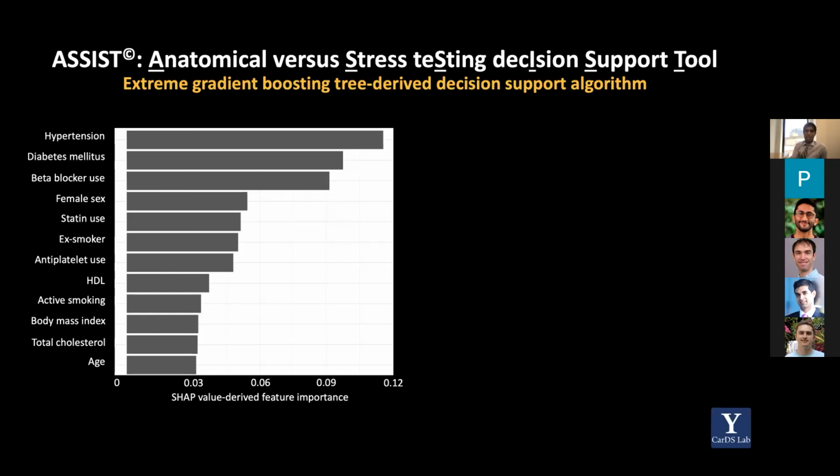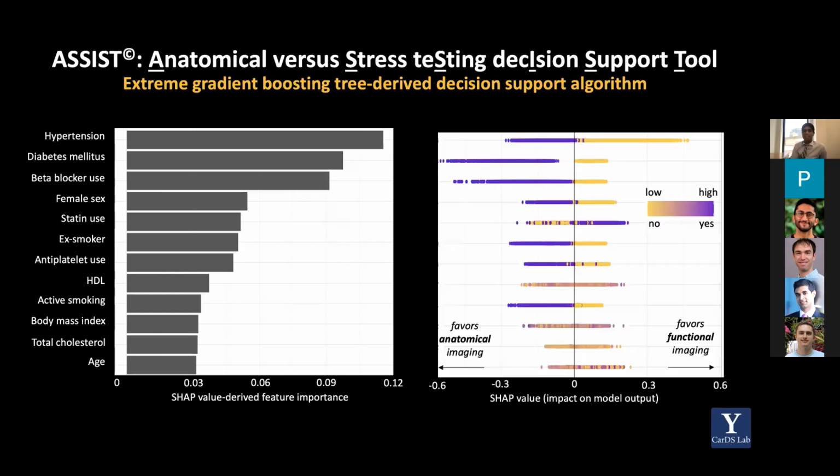So essentially, on the plot on the right, if you had a higher value of a particular variable, their particular SHAP value would determine how much the effect estimate changes. The things on the top are the ones that have the strongest effect on determining if a patient undergoes anatomical or functional testing.